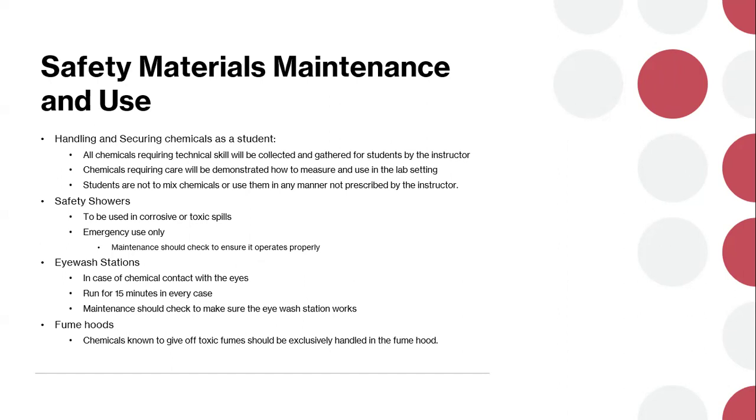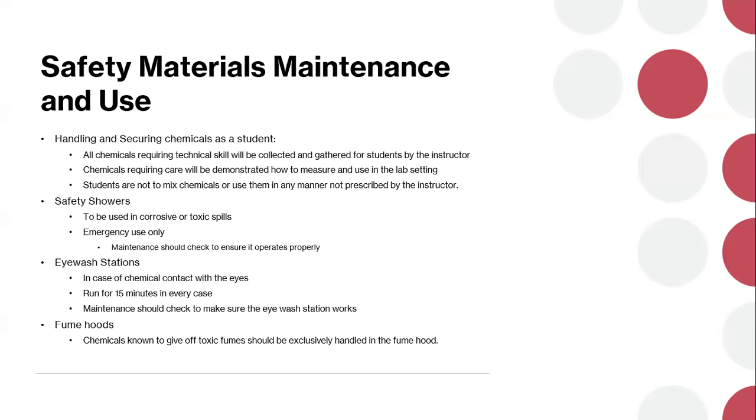I would say make sure you demonstrate ahead of time if the students do have to handle any chemicals. Give them warnings, tell them not to mix anything, drink anything, inhale. Just give them proper modeling of how we're supposed to do things when handling potentially hazardous or dangerous materials.